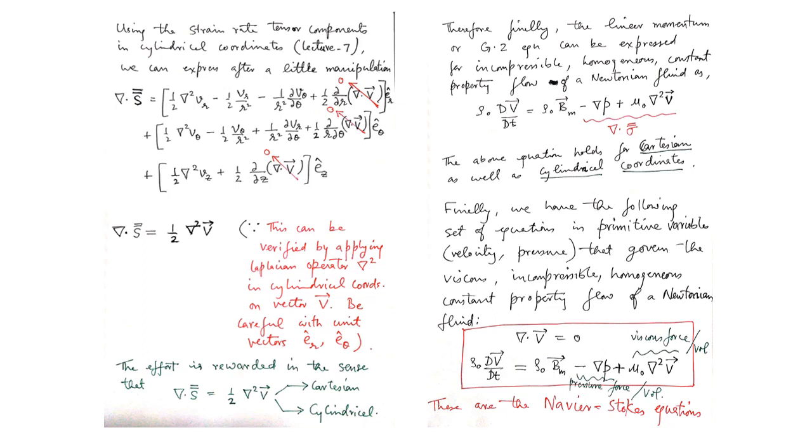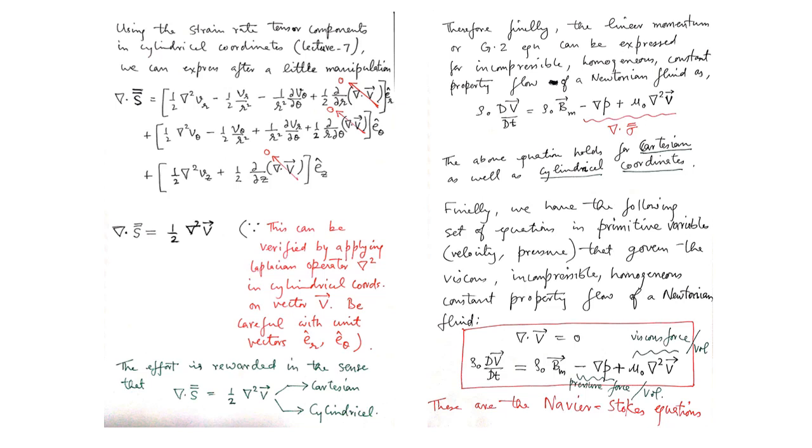The first component, the radial component in the e_r direction, is half of the Laplacian of V_r minus half V_r over r square minus 1 over r square del V_theta over del theta, plus, look at this term, half of del over del r of the volumetric strain rate del dot V. Naturally del dot V, for the type of flow that we are considering, is 0.